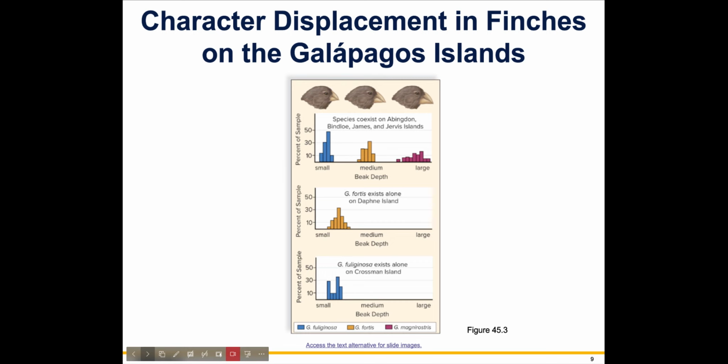But when we put them all together on an island, they would compete with each other if we didn't separate what foods they were eating. And the way we can separate those foods is by beak size. So again, alone, we see what was the medium beak kind of has this bell curve, small to medium. When we have alone, we see what was a very small beak is kind of small to medium. But when we put them together, it displaces those characteristics so they can eat different things and not compete.